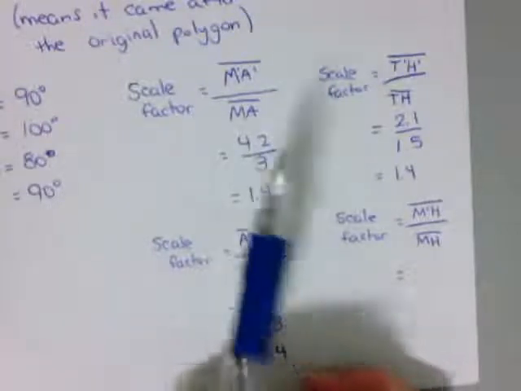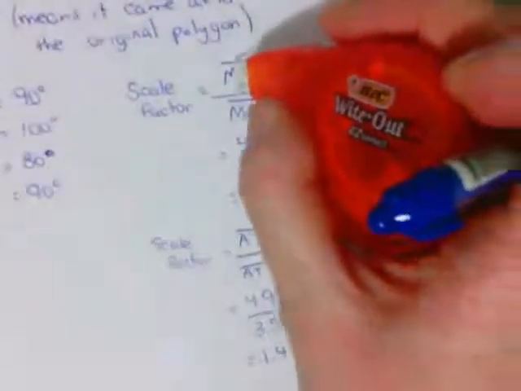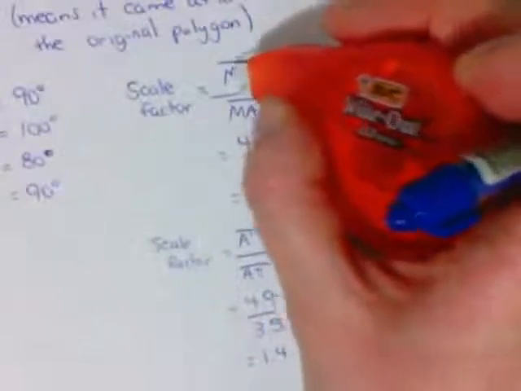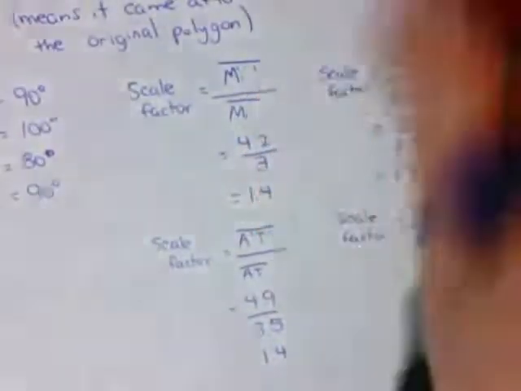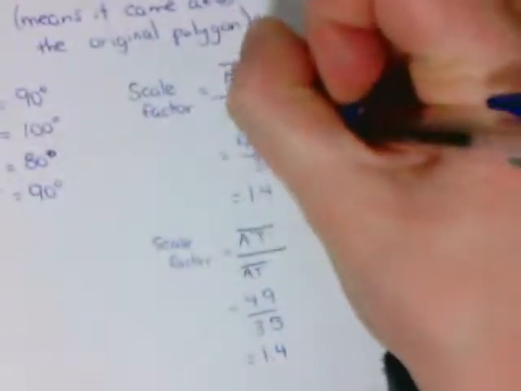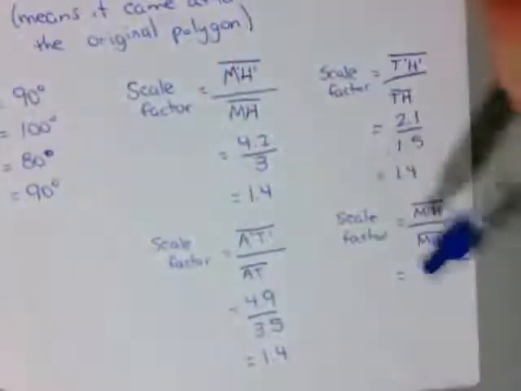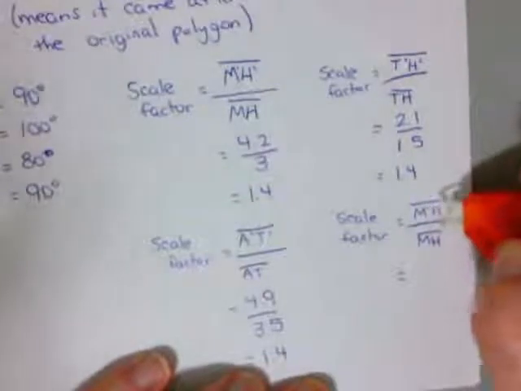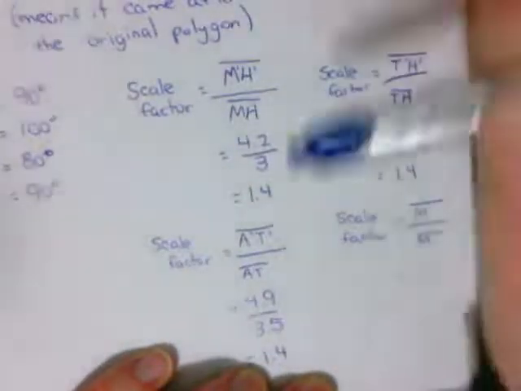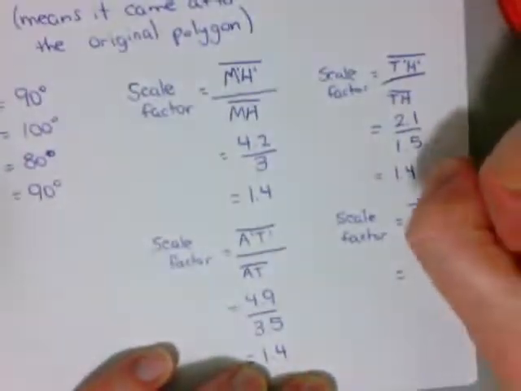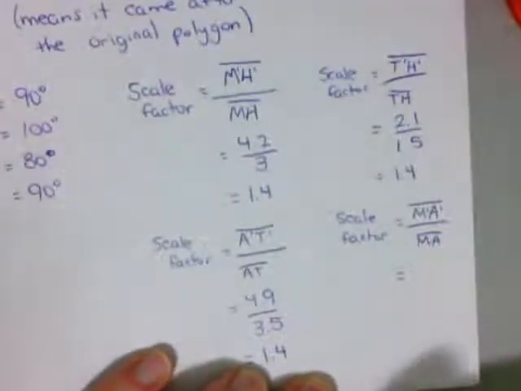Sorry about that. So what I'm actually going to do is fix this up super fast here. I'll leave all that work, but I'm just going to switch this up here, okay? This is actually going to be your MH prime and then your MH right here. And this guy is actually going to be your MA prime and MA. Sorry about that. I just noticed that now.